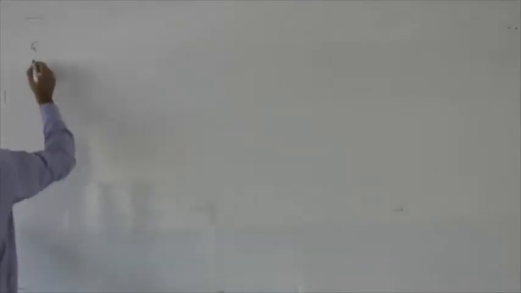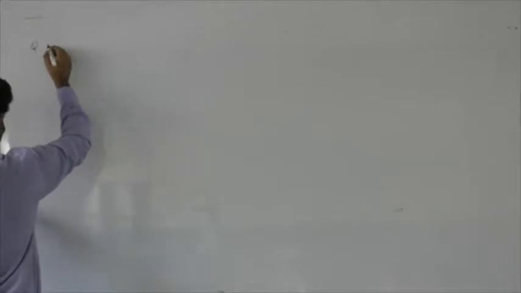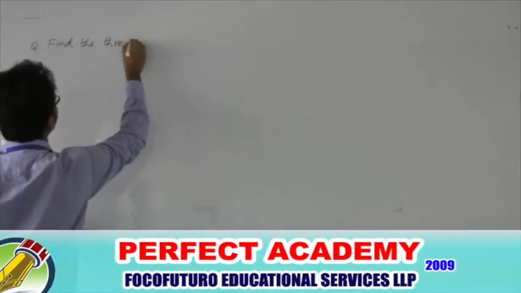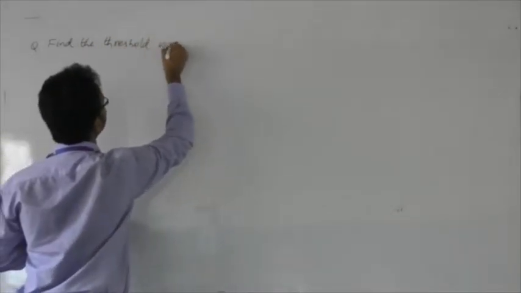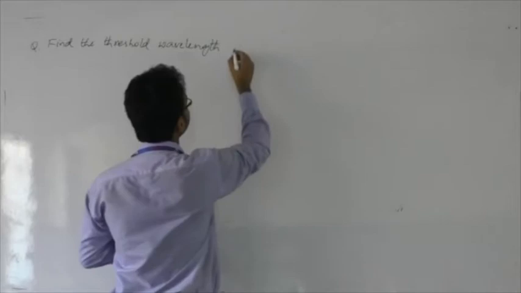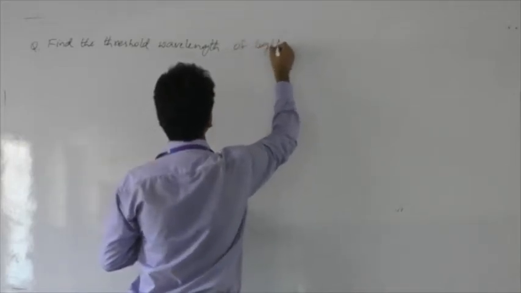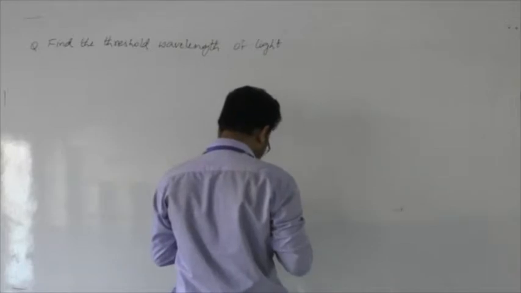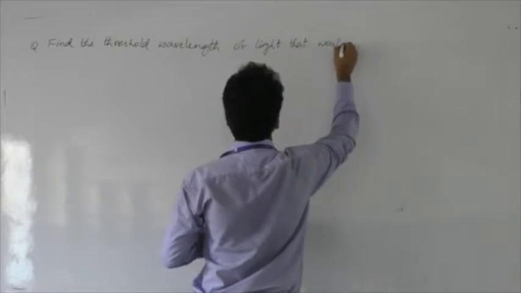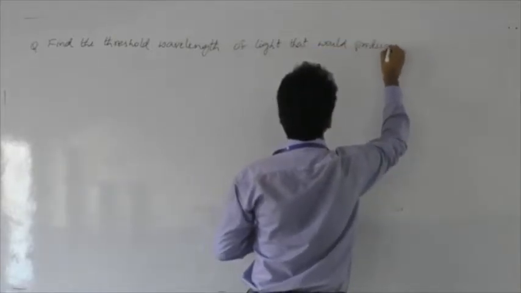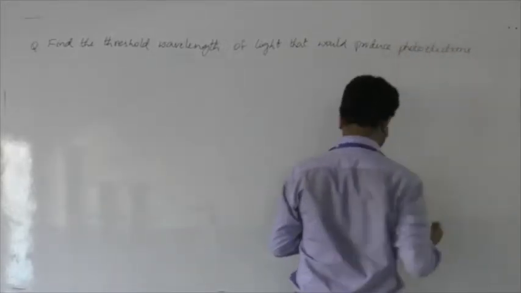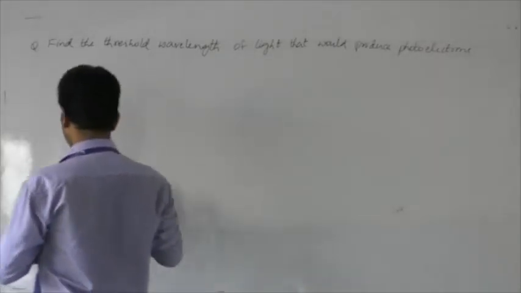Find the threshold wavelength of light that would produce photoelectrons for a silver surface.